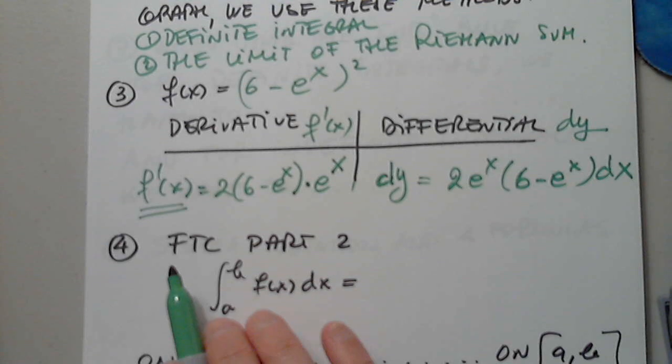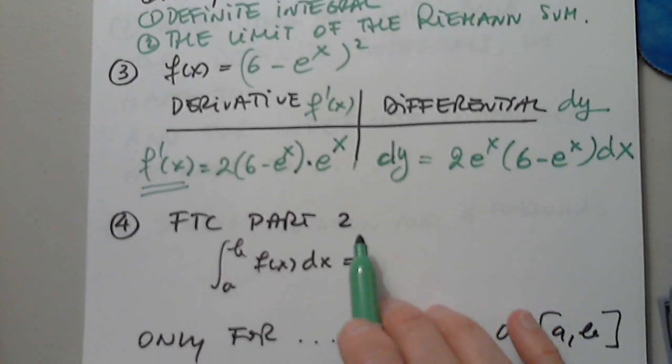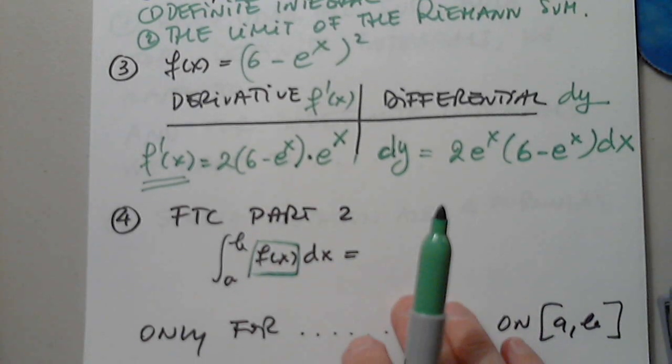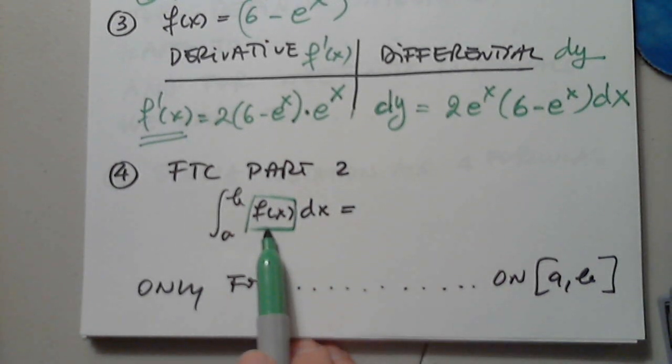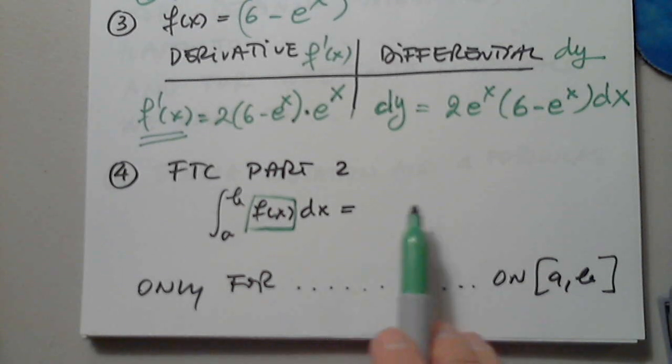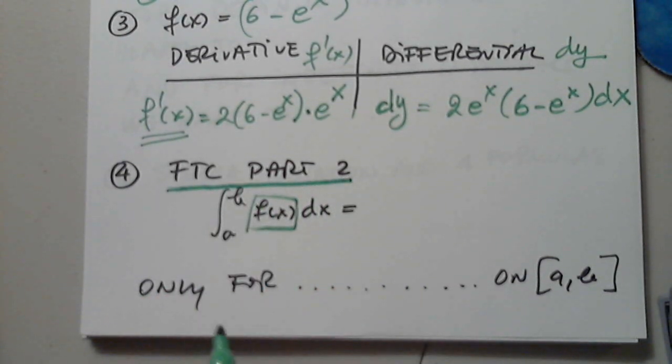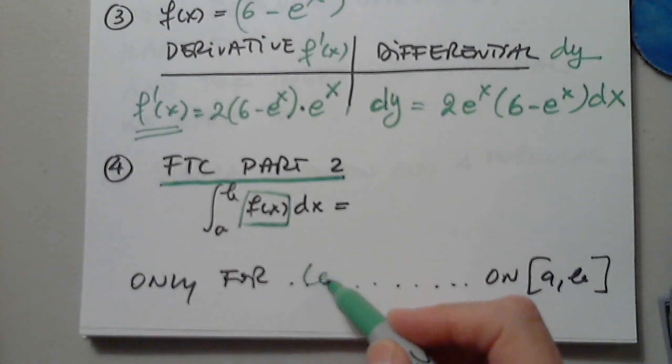Fundamental Theorem of Calculus Part 2. First of all, what type of function must this be? Continuous on the given interval, because if it's not, I cannot use FTC.